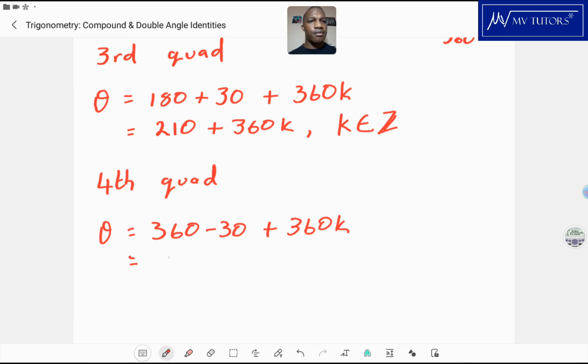So 360 minus 30 is 330, plus 360K, where K is an element of the integers.